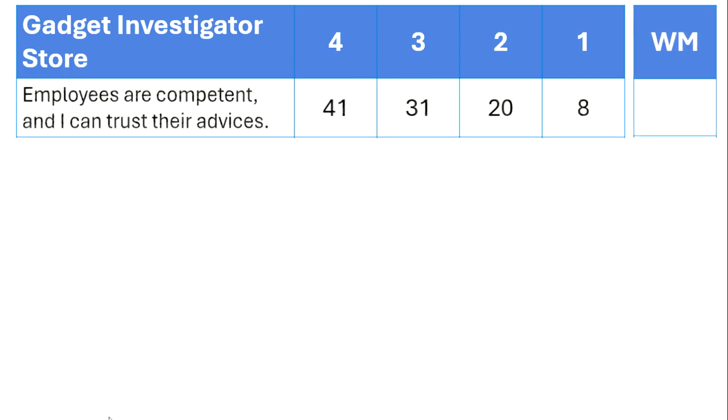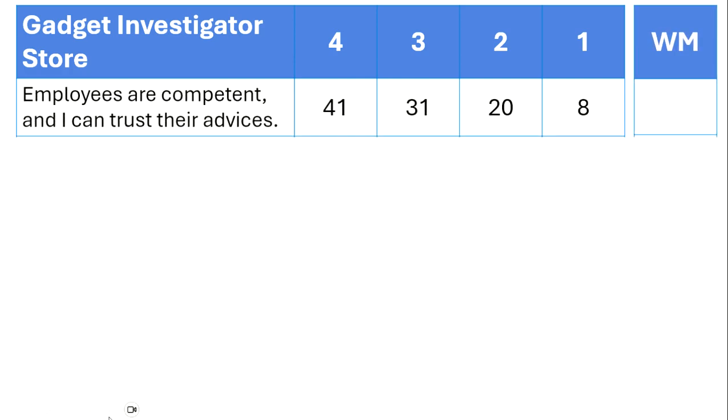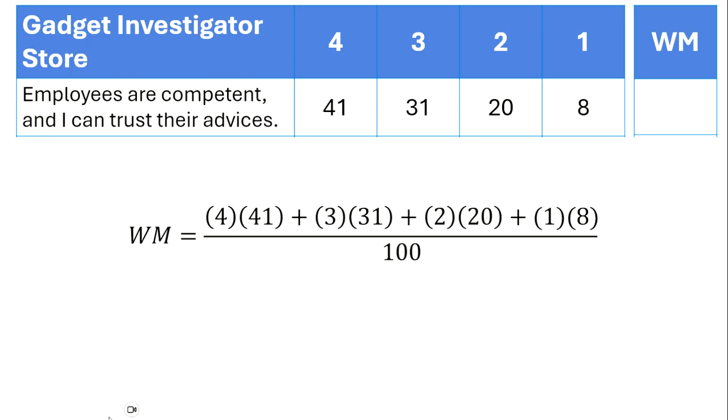Another example, employees are competent and I can trust their advices. Same procedure, weight times the frequency for 4, 3, 2, and 1 and divide it by 100. So we have 4 times 41, 3 times 31, plus 2 times 20, plus 1 times 8, divided by 100.